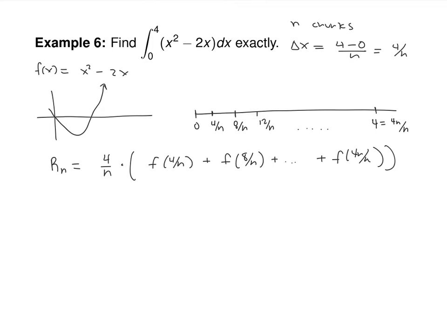I'm just not writing down what they are when I plug them in because it's easier to write f of than to write 4 over n squared minus 2 times 4 over n. Okay, that's 4 over n times, sigma symbol, i equals 1 to n, f of.